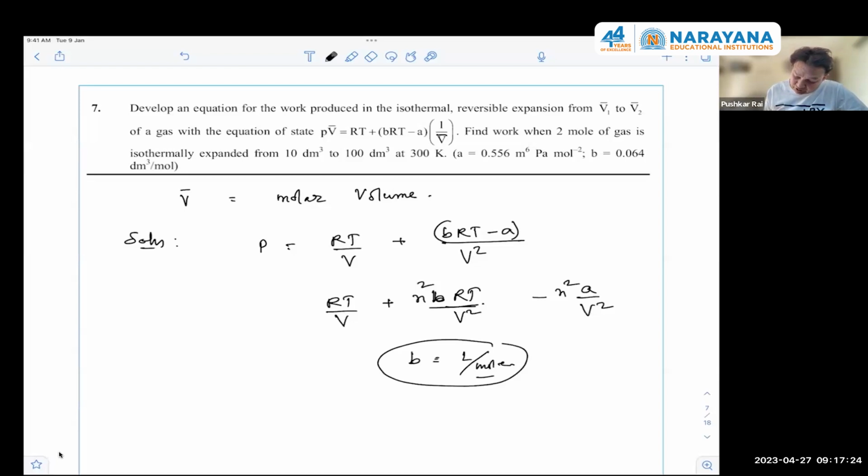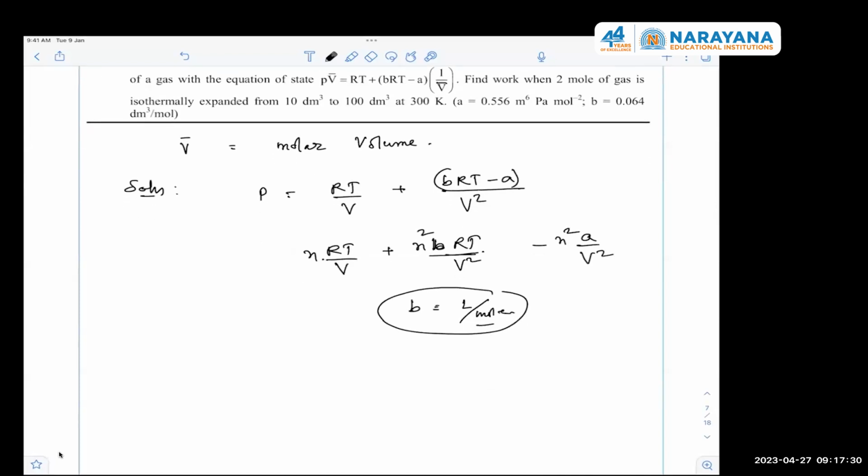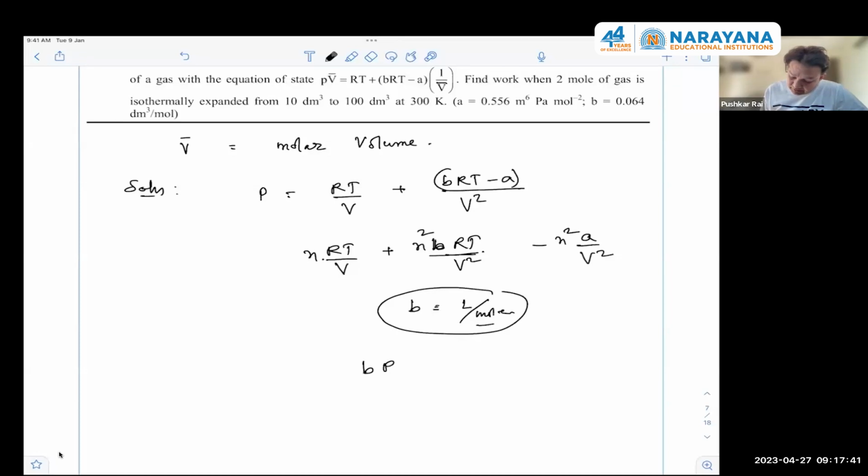How are we saying that n square should be there? Sir, in R also the mole term will be there, no, sir. Okay. So bRT by V square is basically b by V, and RT by V has the dimension of pressure. And of course it is all right.